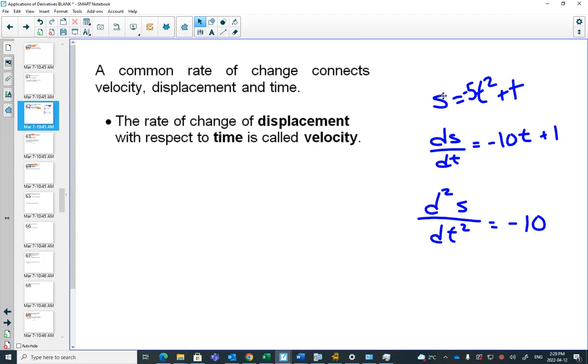So I modeled a question of throwing a rock up in the air with an initial speed of 1 meter per second. What does the second derivative come out to be? It's the acceleration.